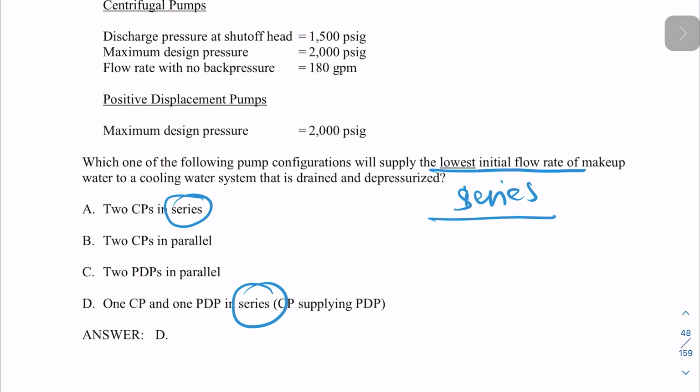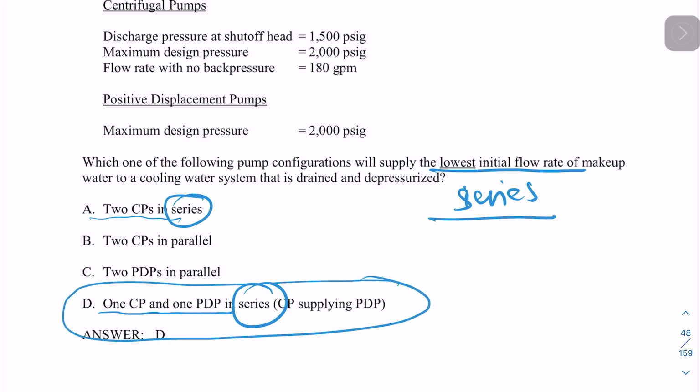But in this case, we just need to make sure that we know, because this one is a CP connected to a PDP, and this one we have two CPs in series, right? Two CPs in series, and one CP and one PDP. In this case, this one is gonna give us the lowest initial flow rate.